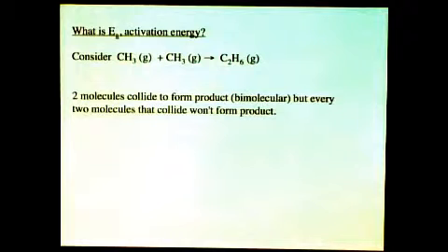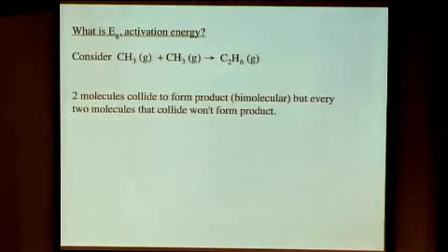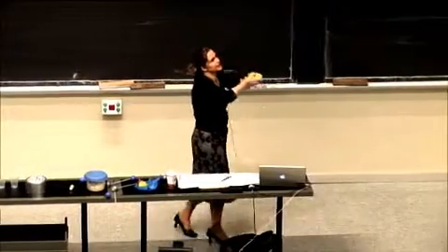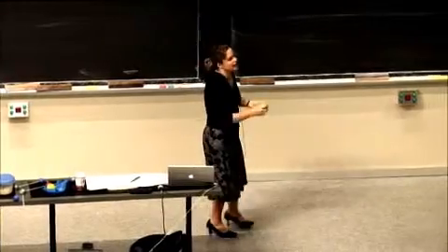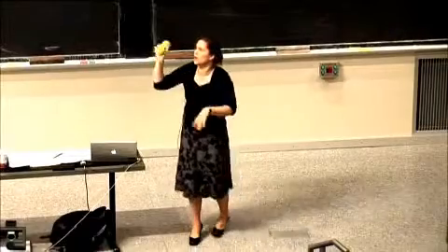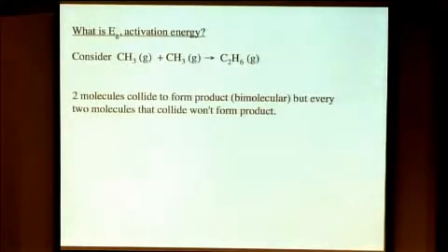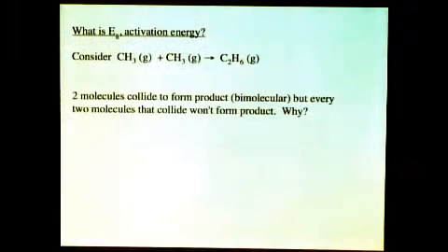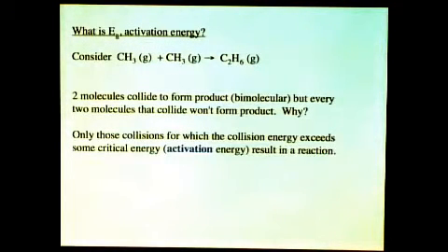All right, so activation energy. We're going to be talking a lot about this today. So what is it exactly? So let's think about two molecules coming together. When two molecules come together, you have this bimolecular process going on. But every time two molecules come together, they're not going to go on and form a product. You're only going to form a product when those molecules have a critical amount of energy, the energy which allows them to react, that activation energy.